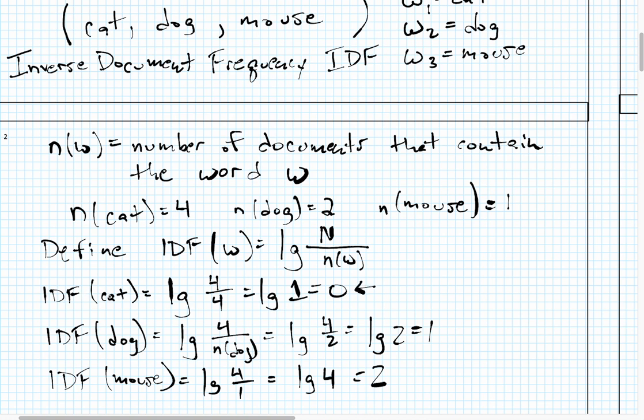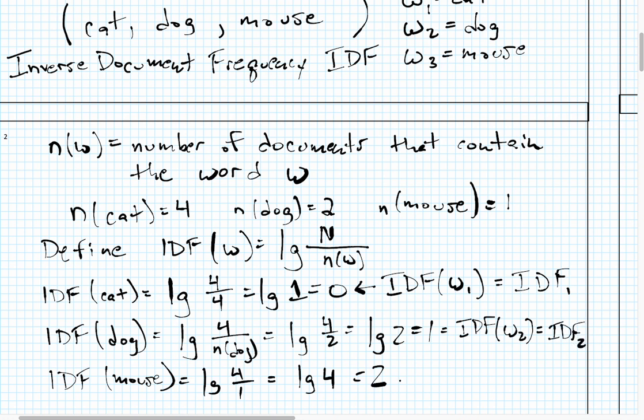I want to notice over here, and this is just a notational thing, I've called it the IDF of cat. I could also call it the IDF of W1, or I could even call it the IDF and put a subscript of 1 there. This could equal the IDF of W2, and I could even write that as the IDF of 2, and I'll bet you can figure out what this could be too.